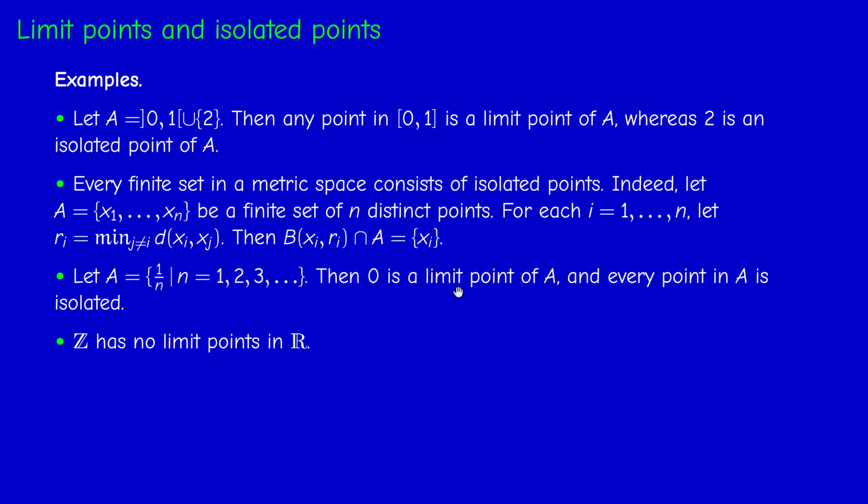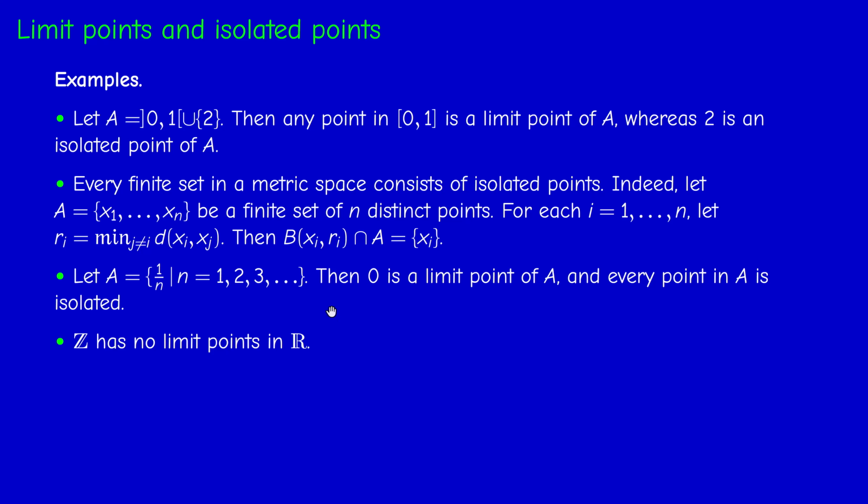Why is 0 a limit point? 0 is in the closure of A, of course, and any neighborhood of 0 contains elements of A different from 0. By the way, if you have a point in the closure of A which is not in A, then necessarily this point is a limit point, as a rule.